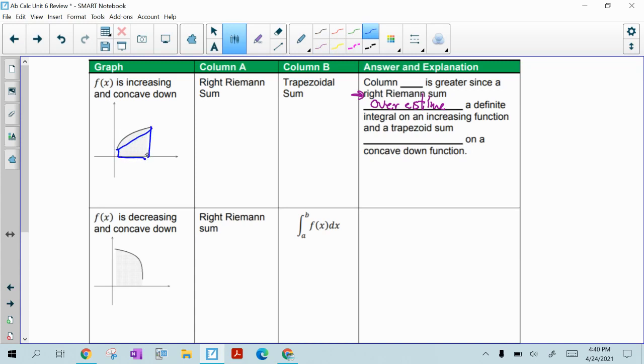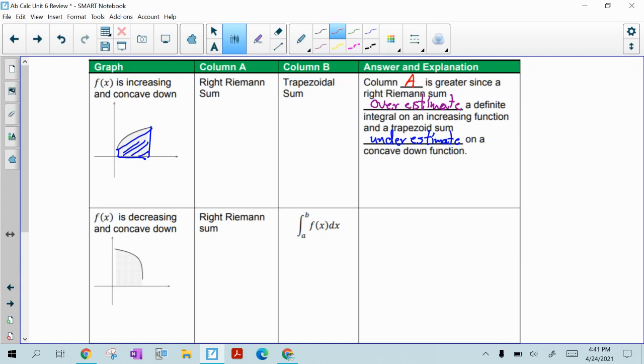And this one, take a look, folks, is an underestimate. So if I've got the right Riemann sum overestimating and the trapezoidal sum underestimating, I'm hoping everybody would agree that column A has to be greater, since I have that situation.